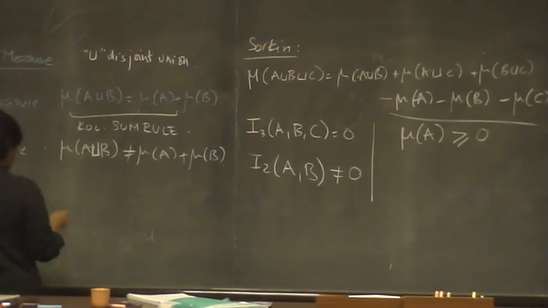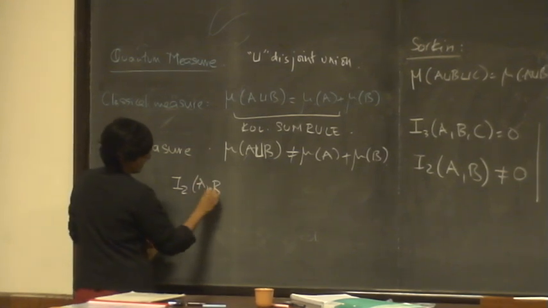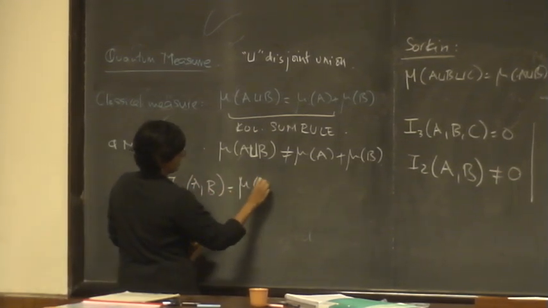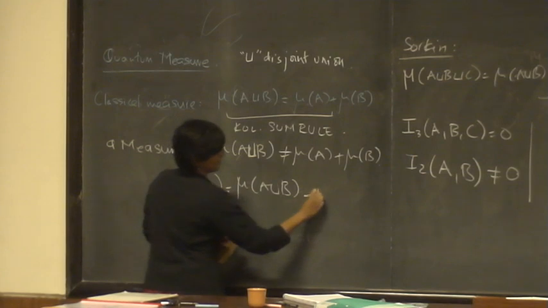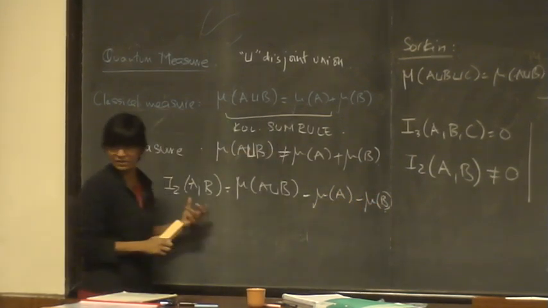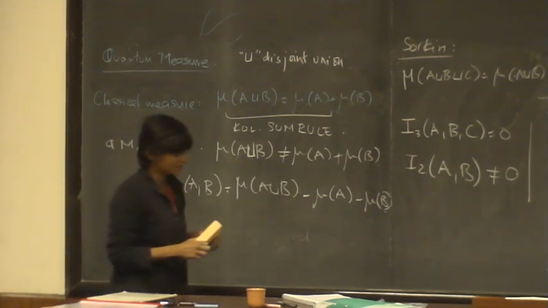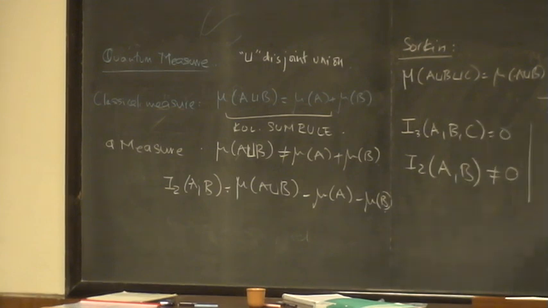So of course I know that this I2 of AB is just this interference term that I have. And let's just ask, what are the properties of this interference term?